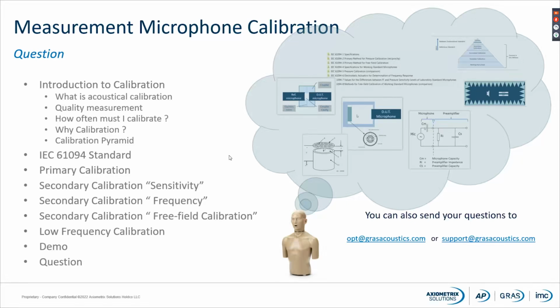And here, do you have solutions for calibration of sound level meters in a free field? We do not have turnkey systems for that, but our analyzers can actually be used.